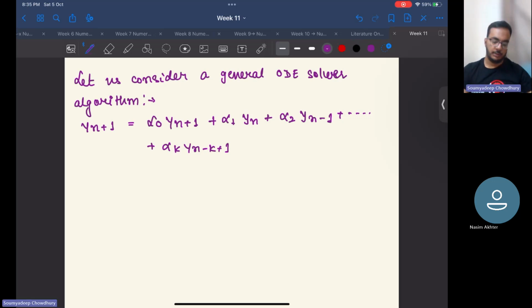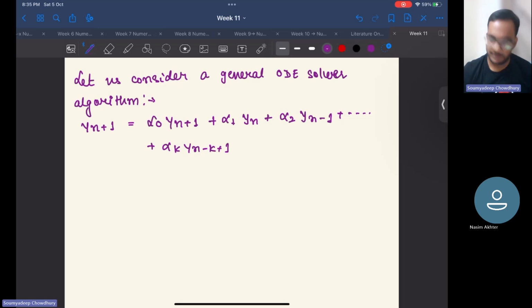We can write y(n+1) in terms of the coefficients: alpha naught y(n+1), alpha one y(n), alpha two y(n-1), and so on, up to k terms.